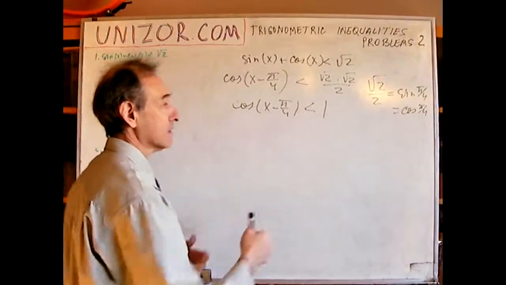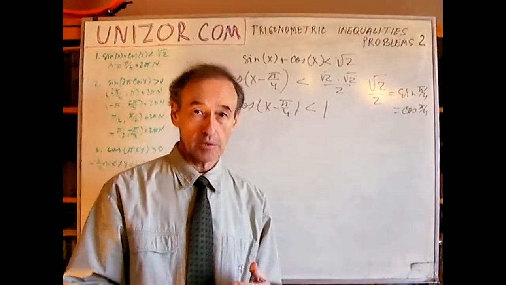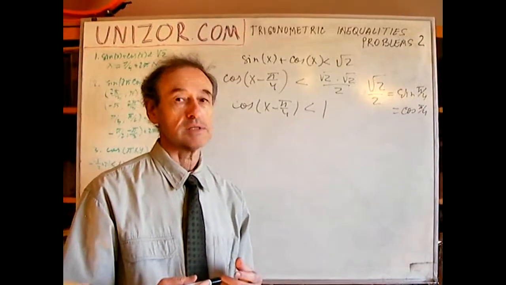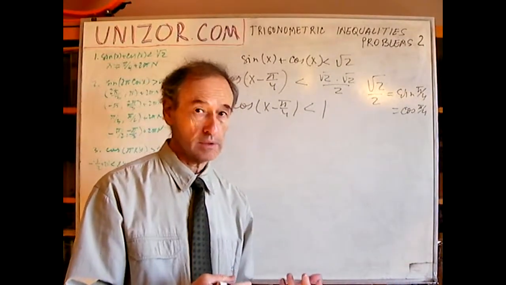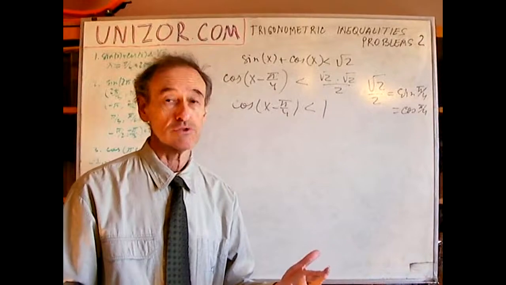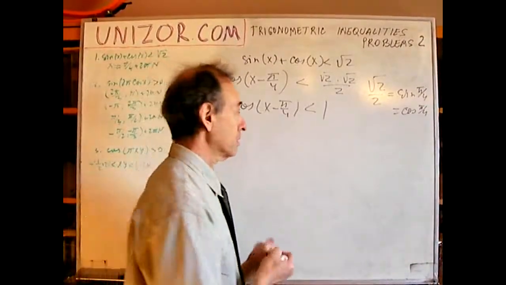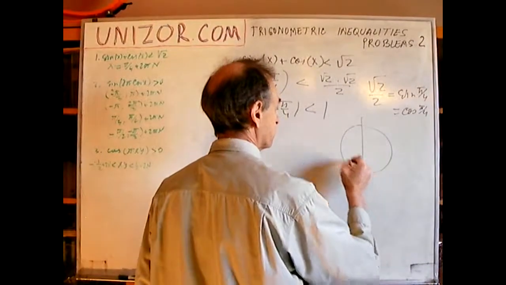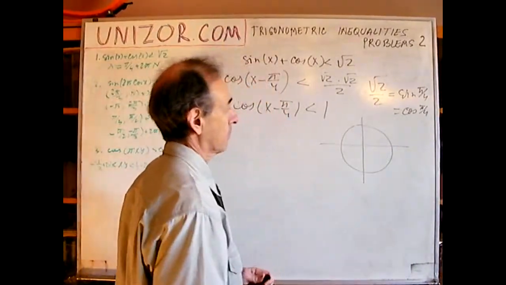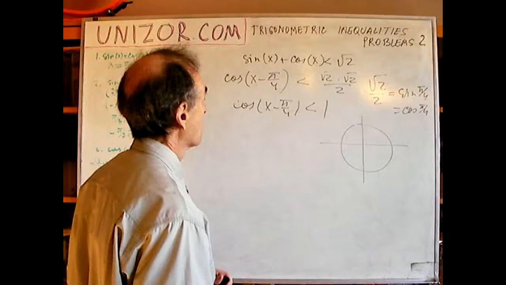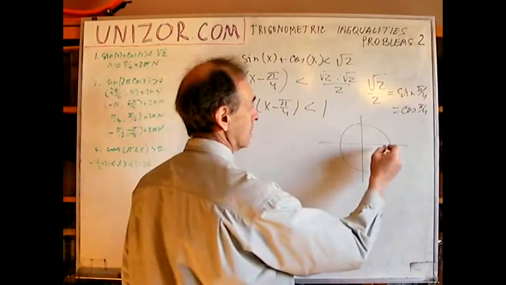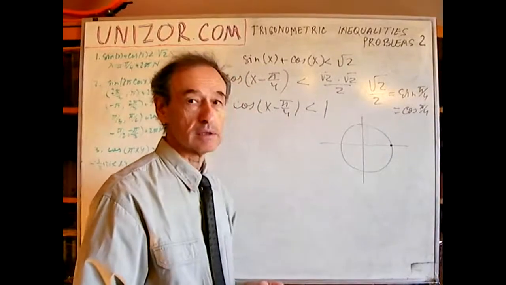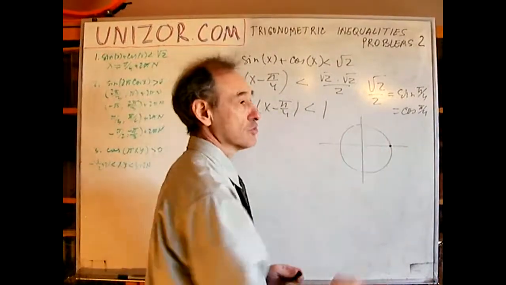Now, cosine is always less than or equal to 1, and at what particular points the cosine is equal to 1, which we have to exclude actually from the solutions? Well, remember the cosine is abscissa, right? And the cosine is equal to 1 at the angle equal to 0 plus 2 pi n, right?